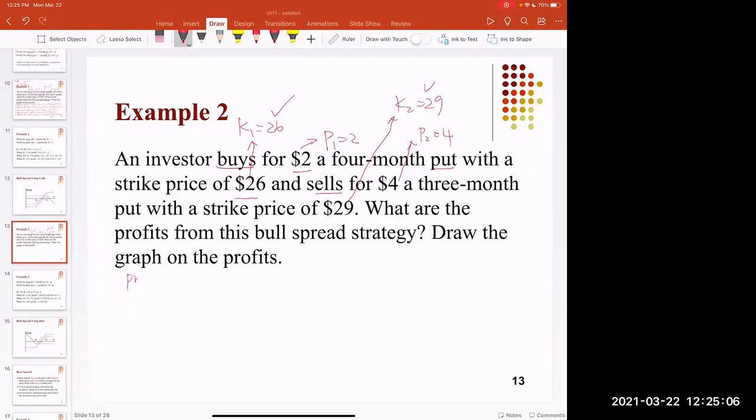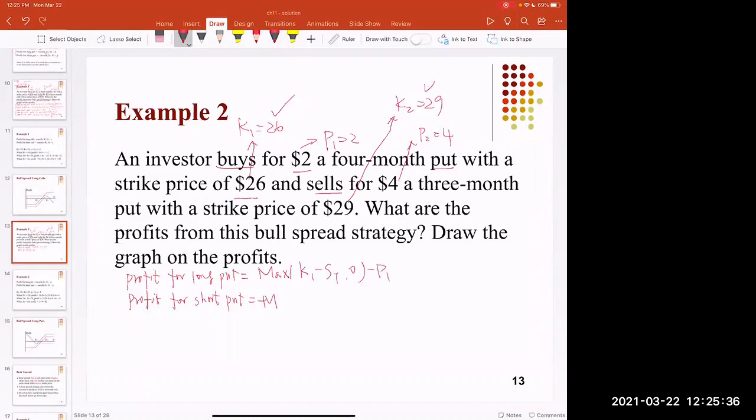So first you need to figure out the profit for long put, and the profit for short put. Remember the formula in the slides. Maximum of K1 minus ST and 0, and you need to pay P1.